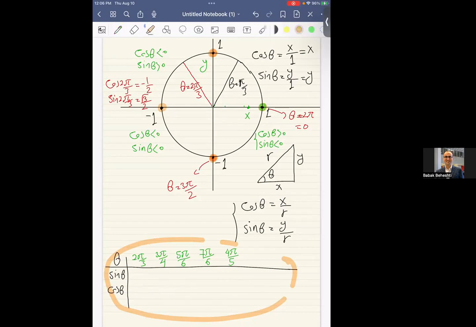No, not 4 pi over 5, my bad. So 7 pi over 6, then 5 pi over 4, and then 4 pi over 3.